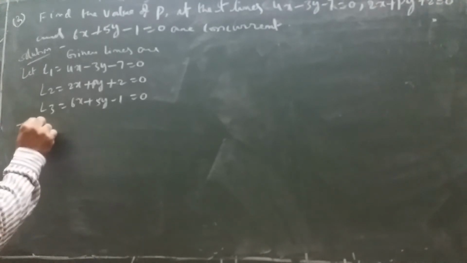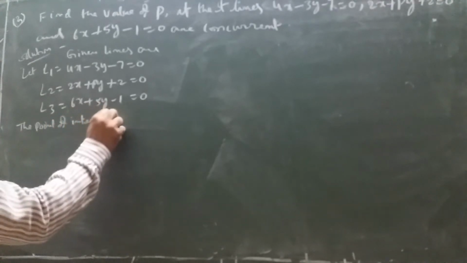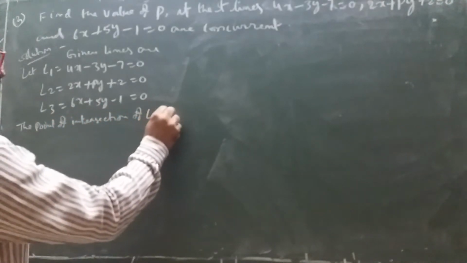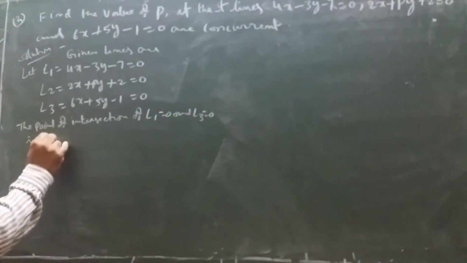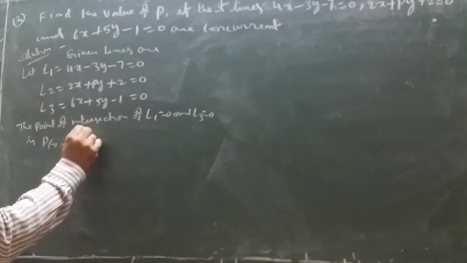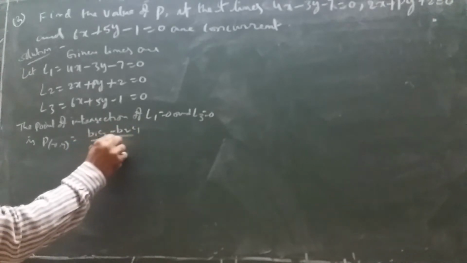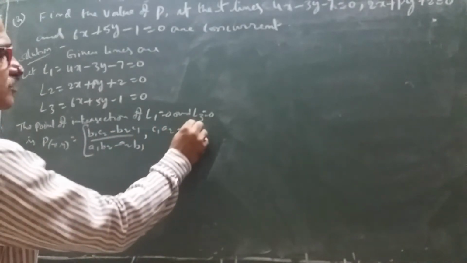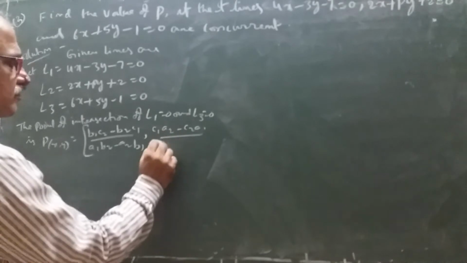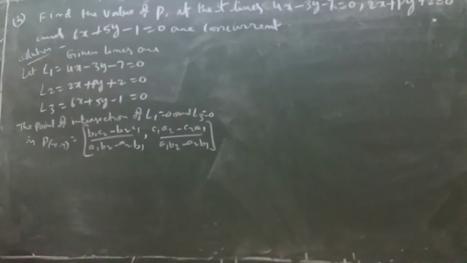The point of intersection of L1 is equal to 0 and L3 is equal to 0 is P(x, y) is equal to (B1 C2 minus B2 C1) by (A1 B2 minus A2 B1), (C1 A2 minus C2 A1) by (A1 B2 minus A2 B1). By using this, we can find the point of intersection of L1 and L3.